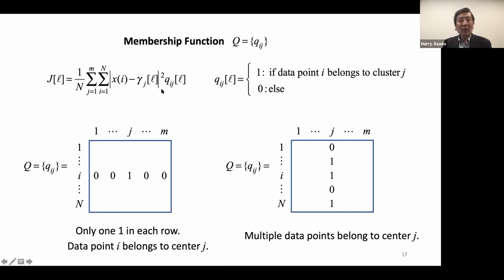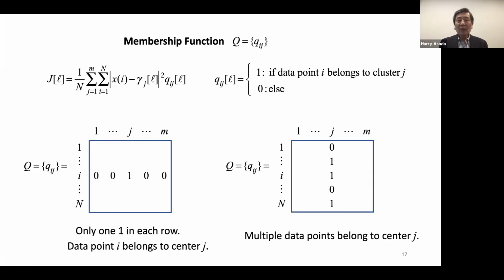Q_ij is a kind of matrix like this. It is an M by N dimensional matrix, right? And as the definition said, if data point i belongs to cluster j, then it's 1, okay?